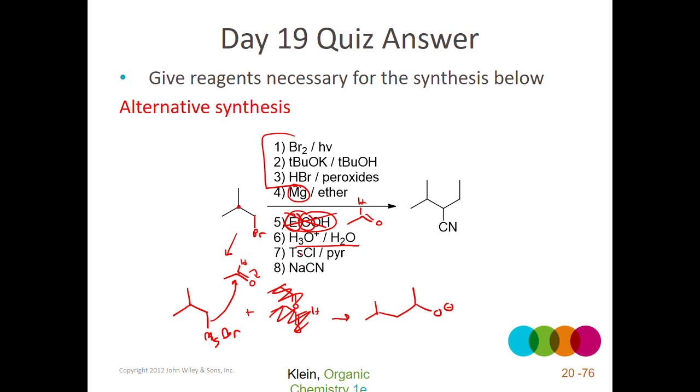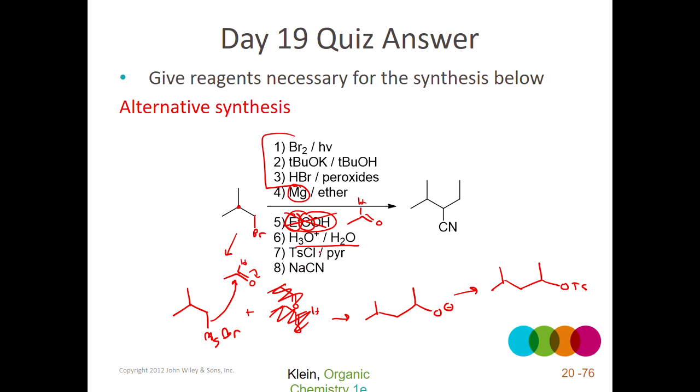But then when I use the tosyl chloride to convert that into a tosylate group, it's not on the right carbon. So I can't just then use a CN to push that out.